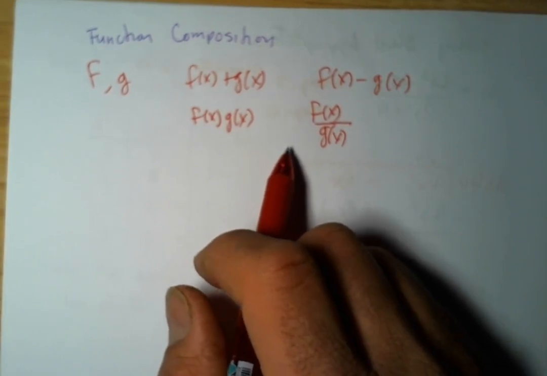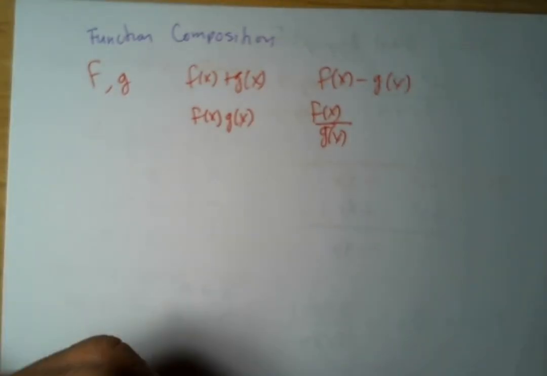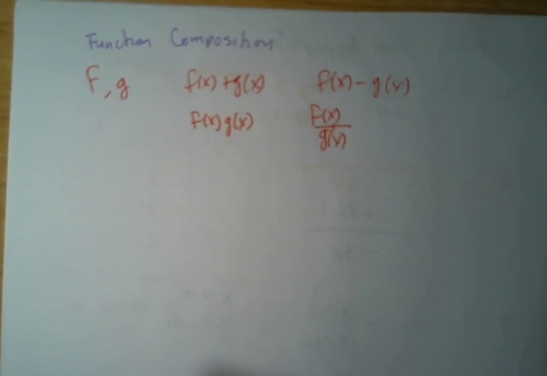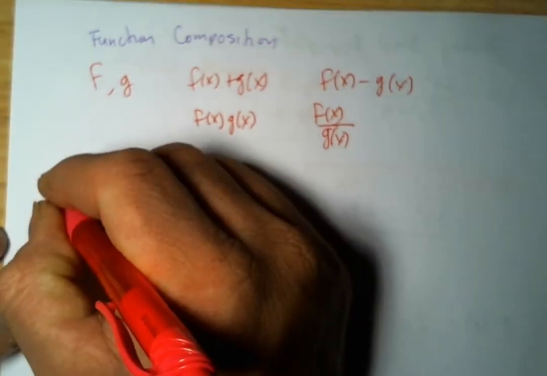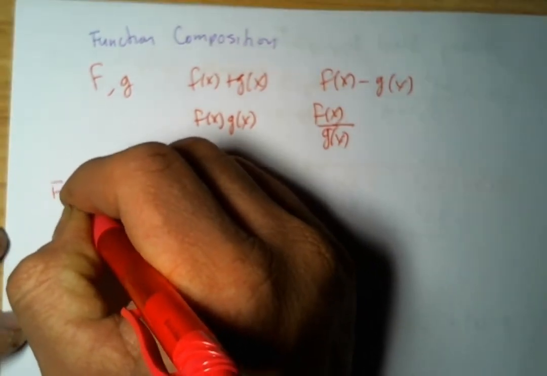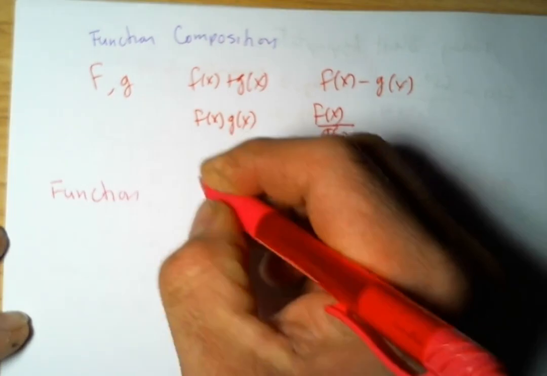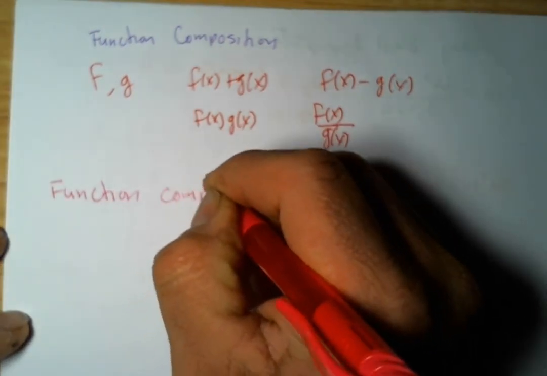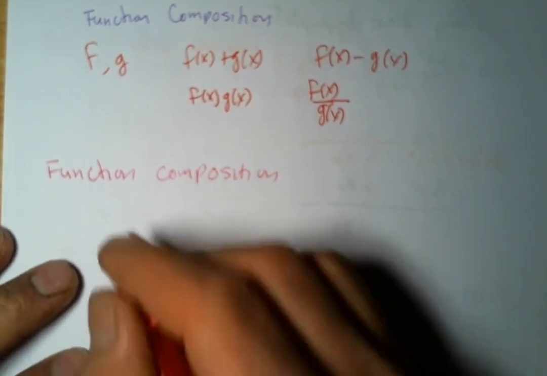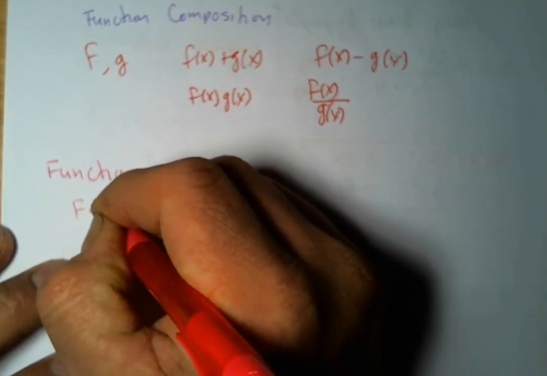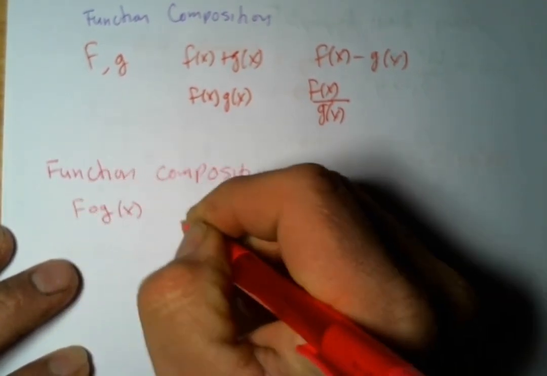Okay, so a function composition. First of all, the notation. It's almost like a function nested inside another function. So the notation that we'll see is something that looks like this.